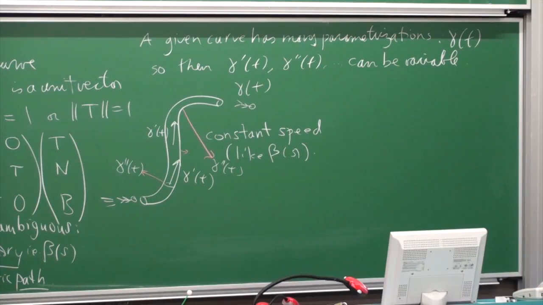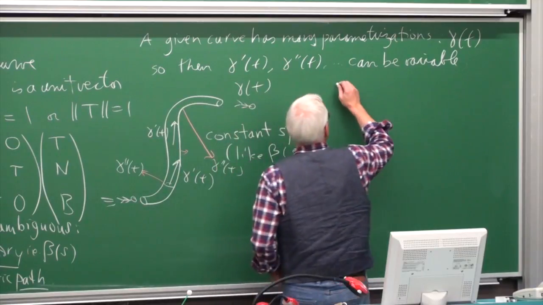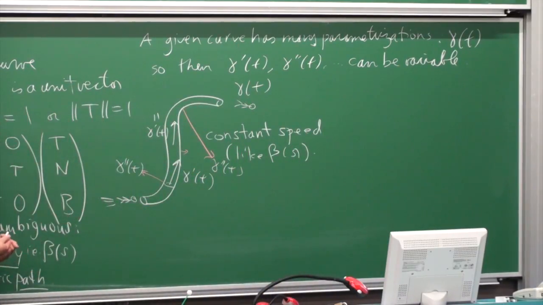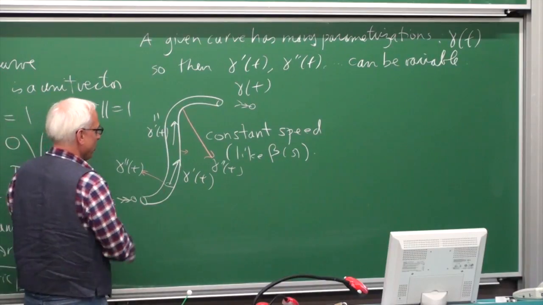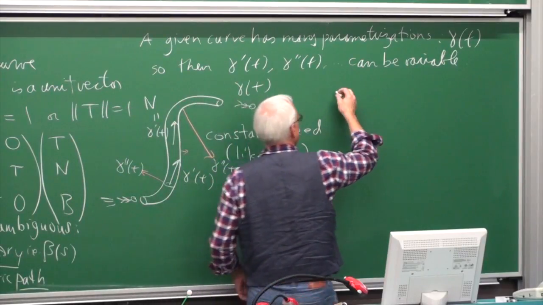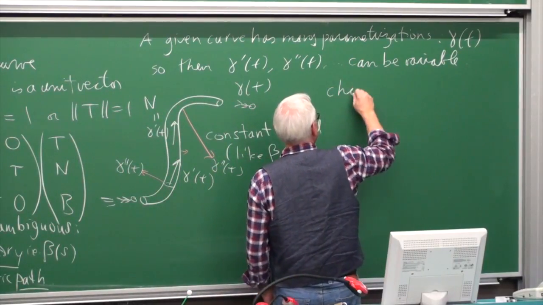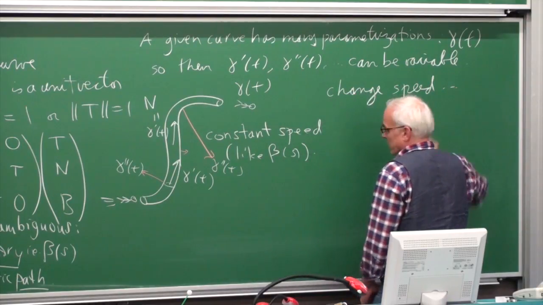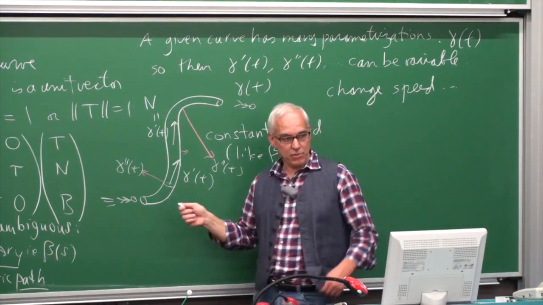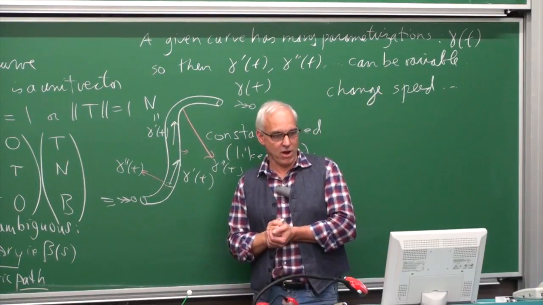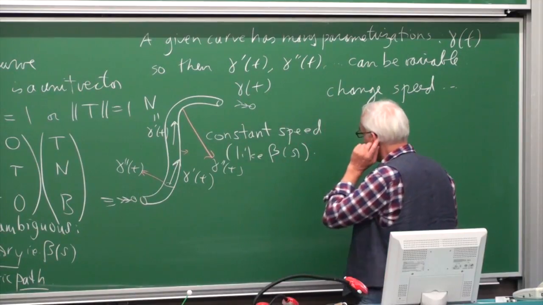So now suppose we change parameterization. Let's call this gamma prime of t; since it's constant speed, let's assume it's like a unit speed, so that it's actually a unit vector. So if we change speed, so let's say inside he has a little rocket and he puts a little booster on so that he goes faster inside, or maybe he slows down with some rocket, then his speed could possibly change.